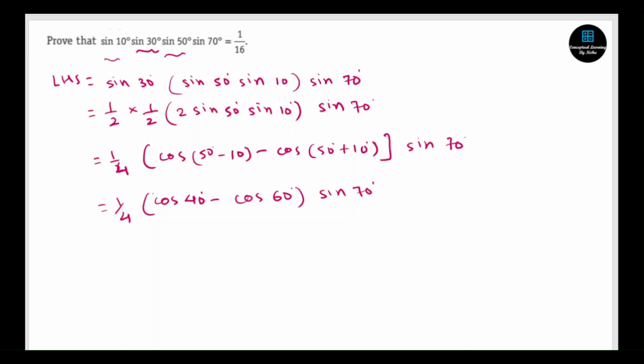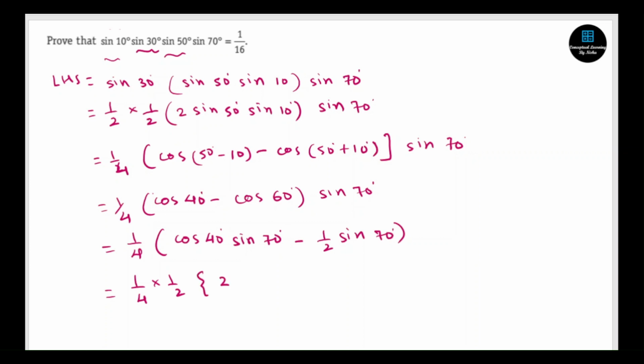Now I have the value of cos 60, so I can apply that first. I applied the distributive property also, so I can say cos 40 degree sin 70 and then minus, sorry, 1/2 of sine 70, right? Now again I have to do some adjustment for this.